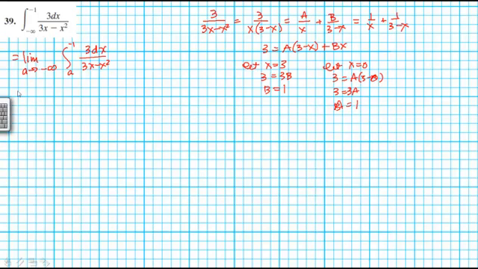Bringing that answer back over here, our rewrite then becomes the limit as a approaches negative infinity of the integral from a to negative 1 of 1 over x plus 1 over 3 minus x dx.